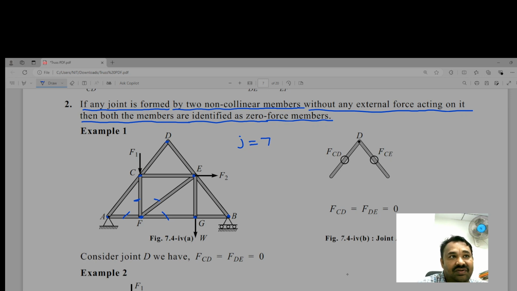D. Just observe here, and this joint D is drawn here. The free body diagram is drawn here. You can see there is no external force acting at joint D, and the other two members are non-collinear. As per the condition, both forces FCD and FDE are equal to 0.